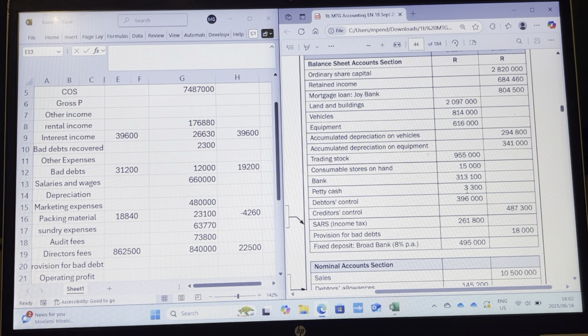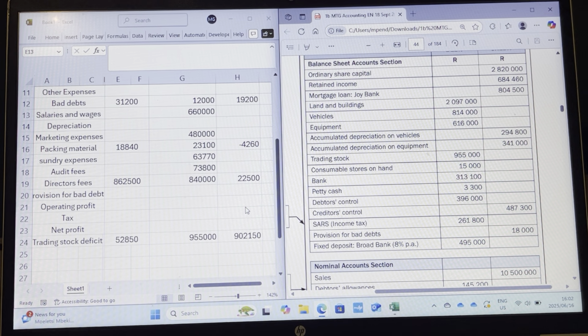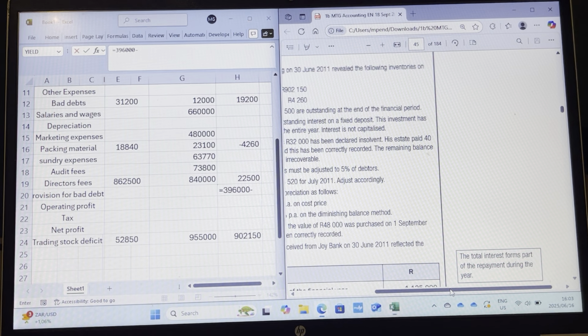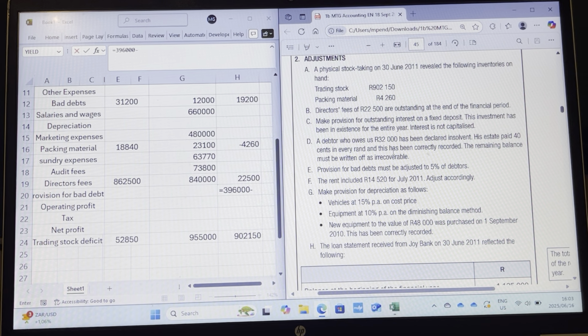So we have to decrease this 396,000. So in here in our calculation, we'll just firstly say 396,000 less the person who was owing us 32,000.